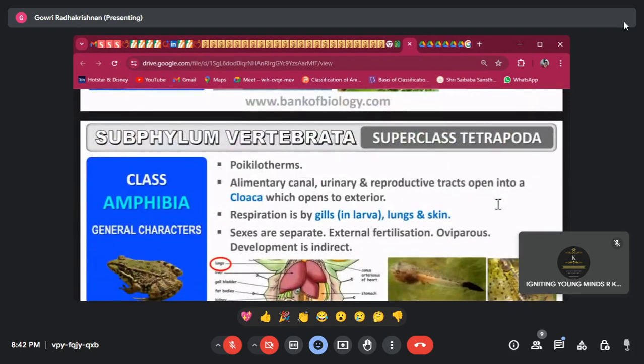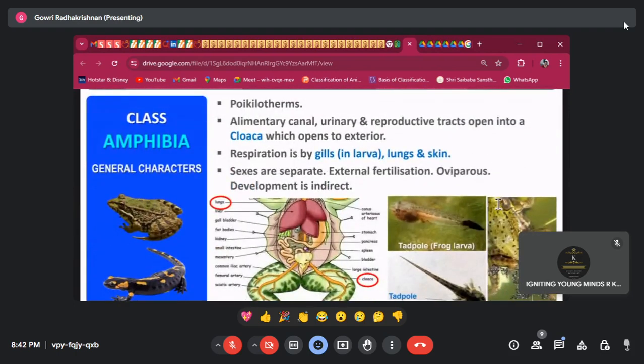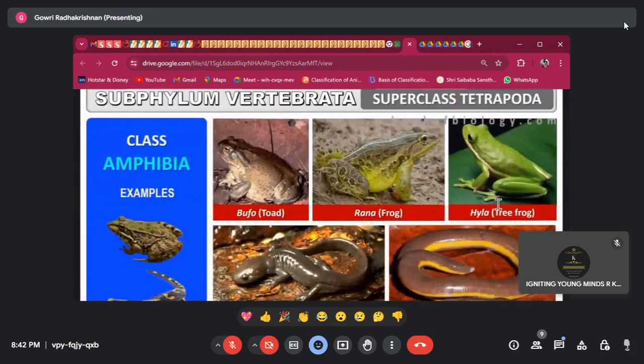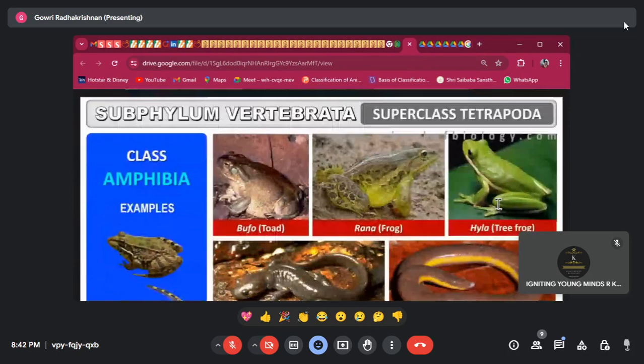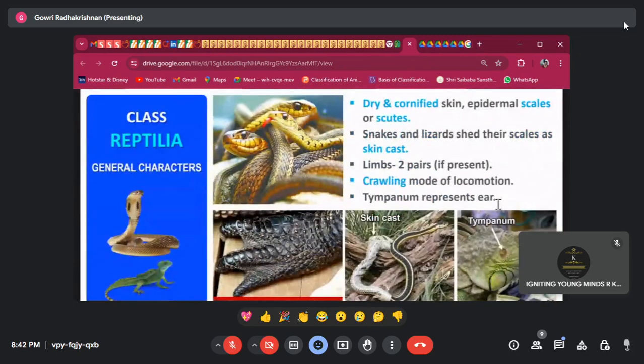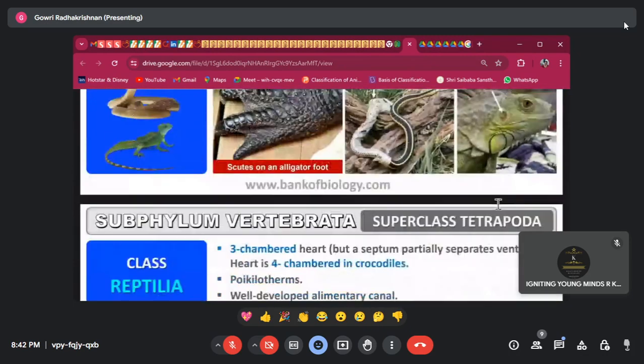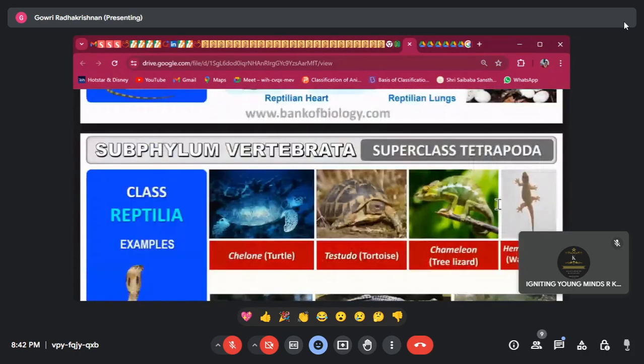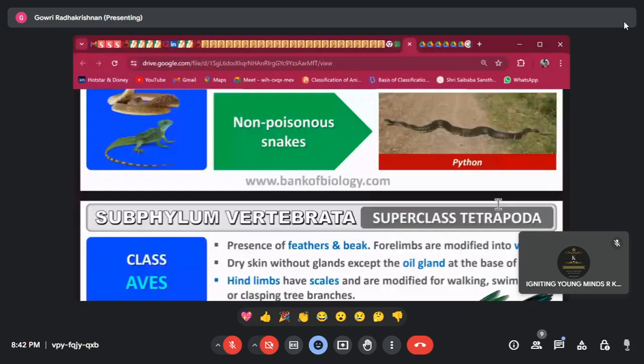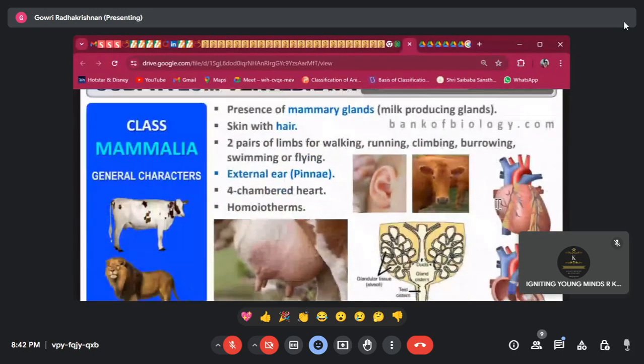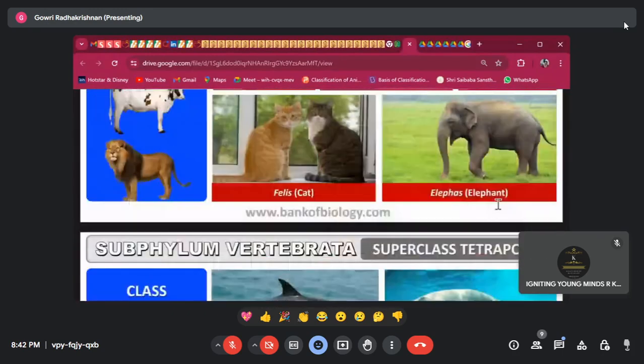These are Amphibians. Then Reptilia. You have Aves. We will see Mammalia as well.